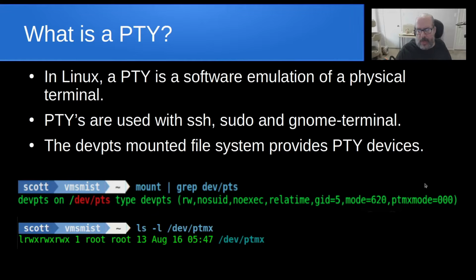Then I did an ls -l on /dev/ptmx, which is its mount point. The thing of concern I see here is that although the mount point is listed, it's supposed to have a symbolic link associated with it, and it was not there.